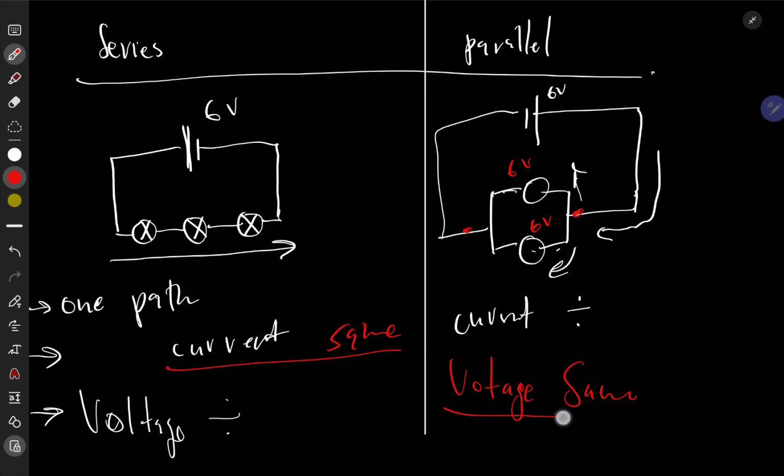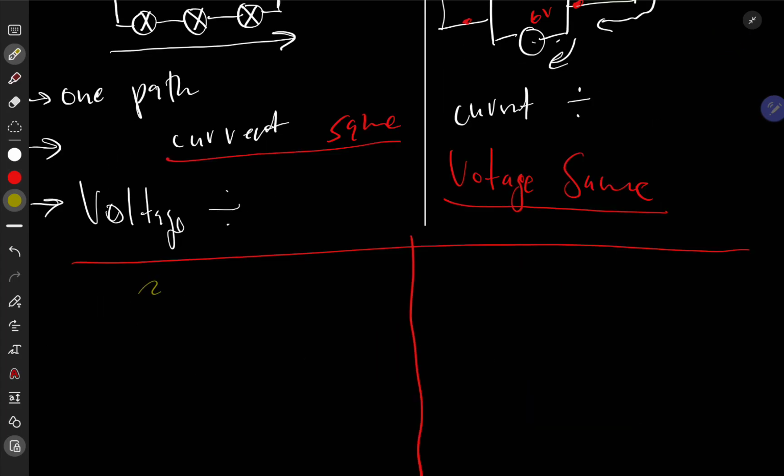On this side current is the same. If current divides, voltage is the same. If voltage divides, current is the same. I think you can now spot the difference between parallel and series circuitry.